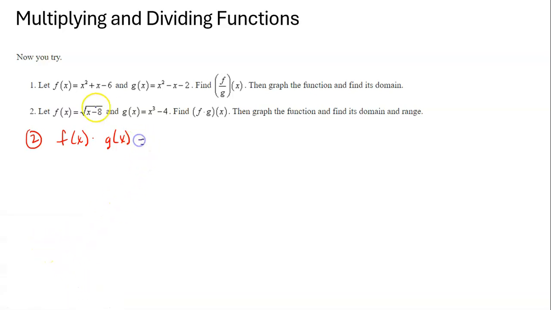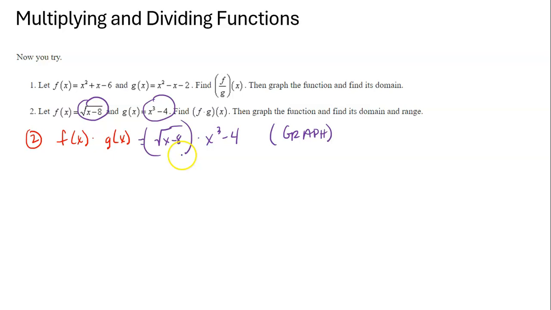Okay. So that's this times this. Okay. And then we're going to graph it. We're going to leave it like this, and we're going to graph it and see what happens.